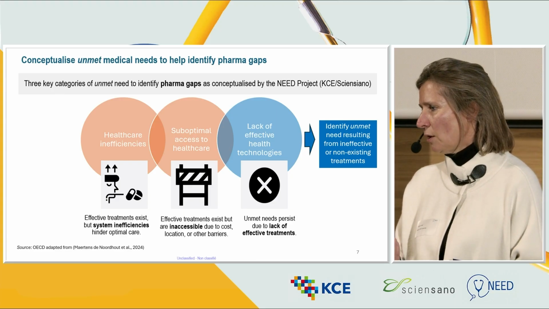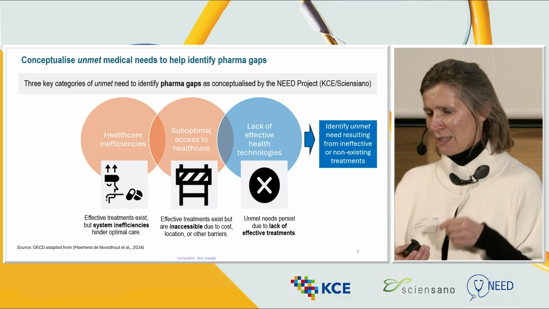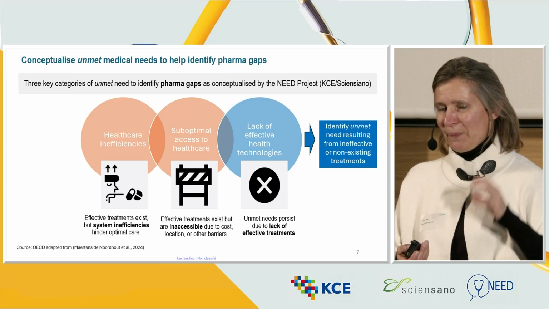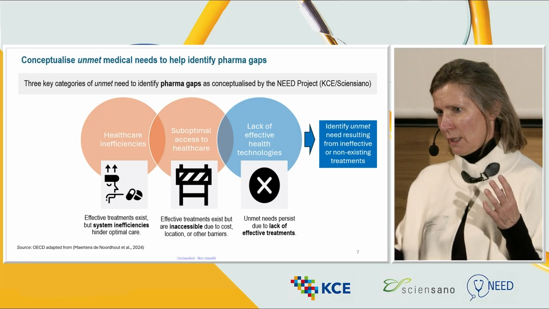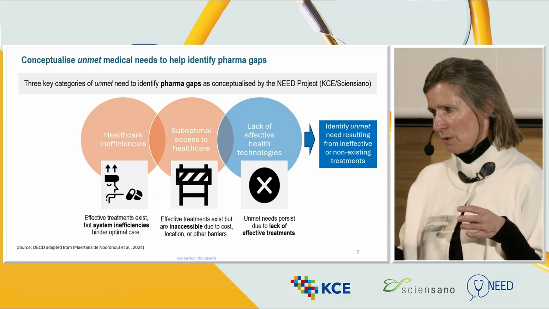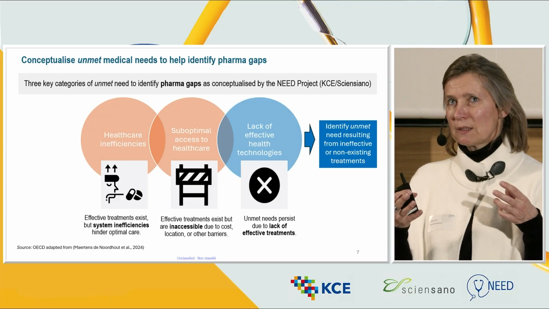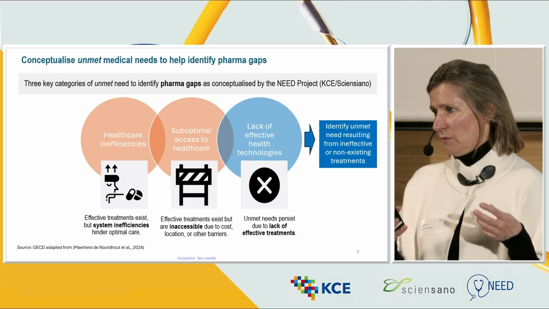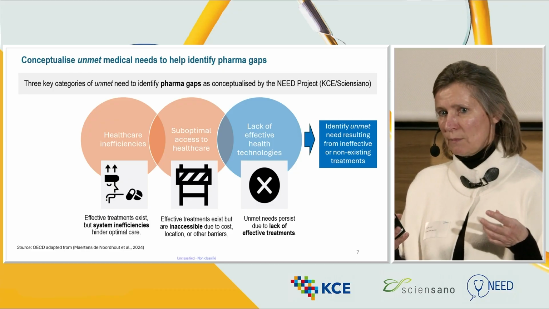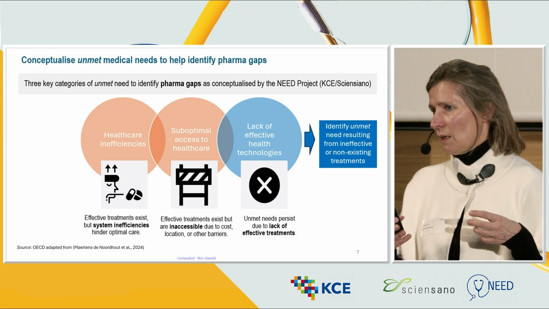So we read a lot of the unmet need material because this is a reference in the field. We know that when we measure unmet need as a whole, I think it has been said already today, we have a global burden of disease that can be due to system inefficiencies. We know that some diseases are very poorly treated.